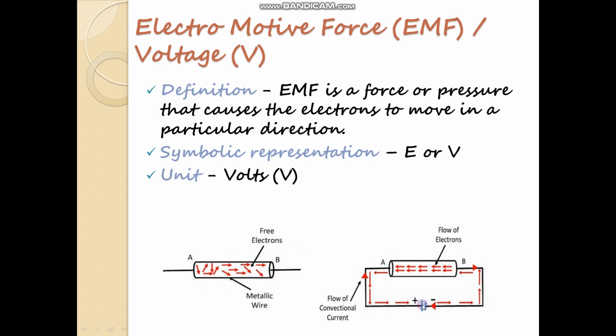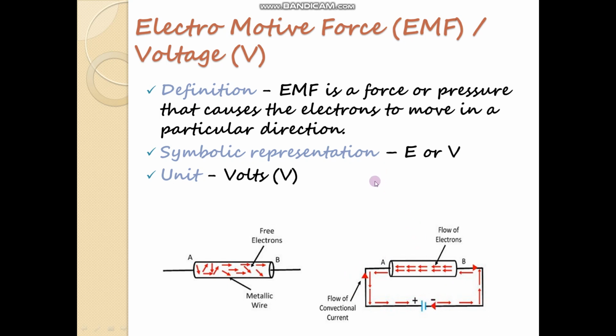But when we connect a battery to this conducting material, the electrons which were previously moving in different directions start moving in one particular direction, from the positive end of the battery to the negative end of the battery, right?